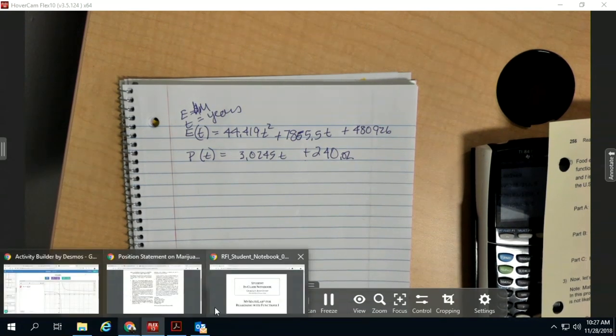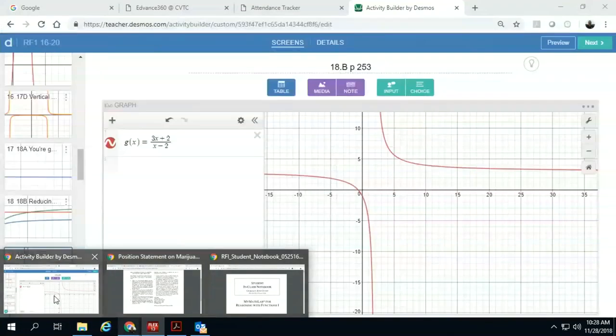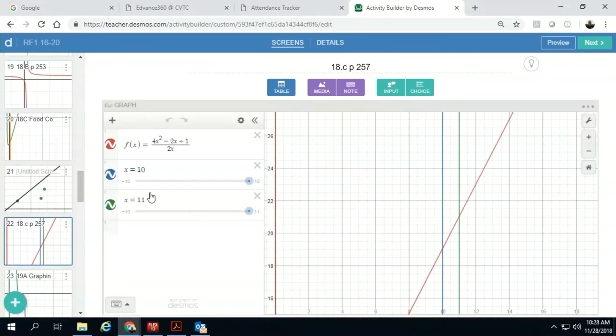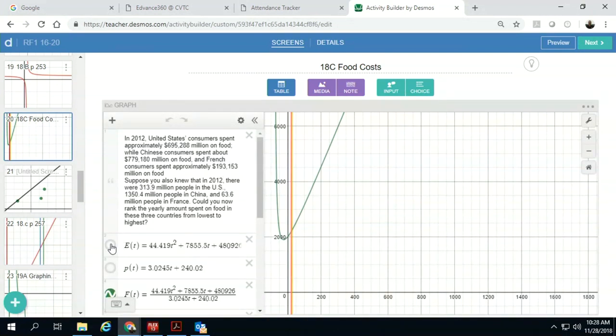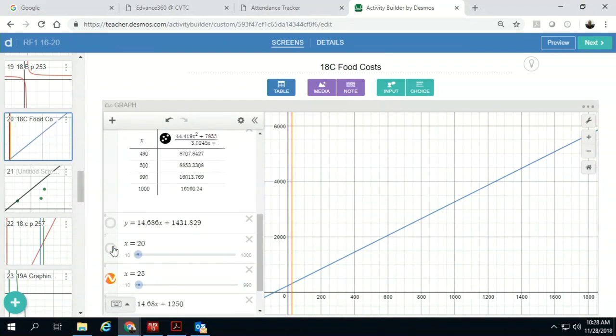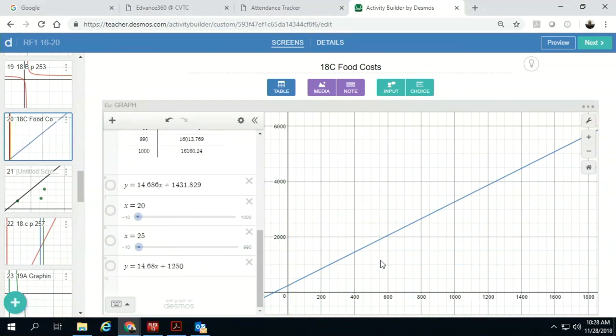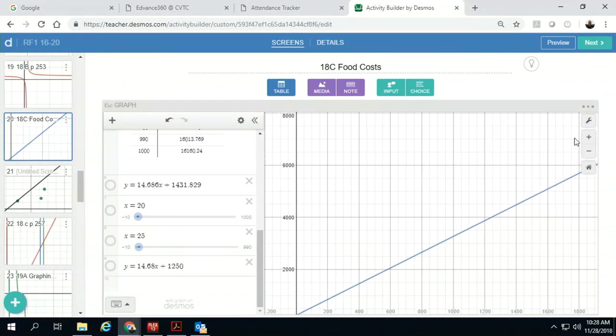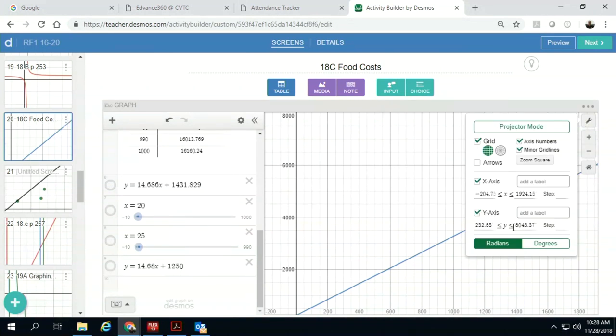Let's graph those two functions. Food costs, here we go. I'm going to zoom out a ways because I have to get both functions on the same graph, and I don't know how I'm going to do that.